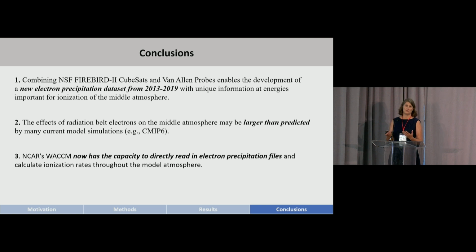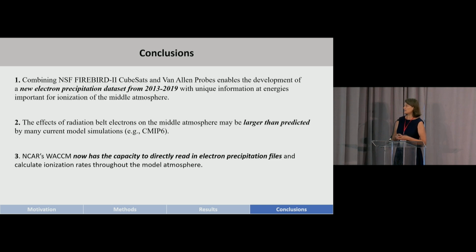So the main conclusions of this study were that we can use the FIREBIRD CubeSats as well as Van Allen Probes together to come up with a new electron precipitation data set from 2013 to 2019. And we're very excited to see what the model simulation results are from these.